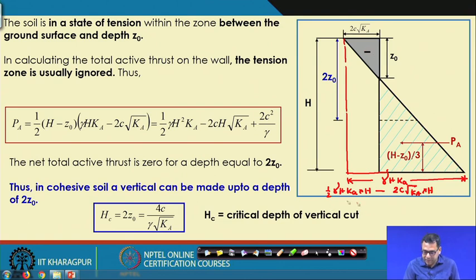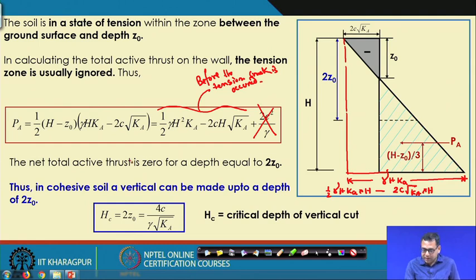So, this is the earth pressure before the tension crack occurred.